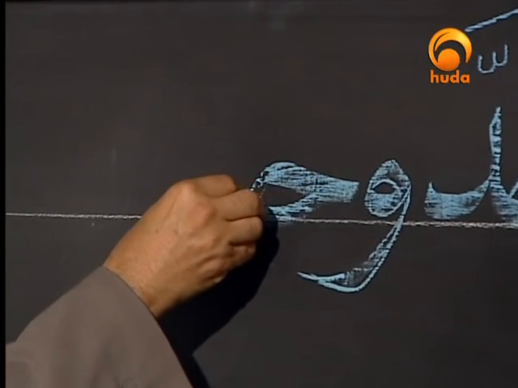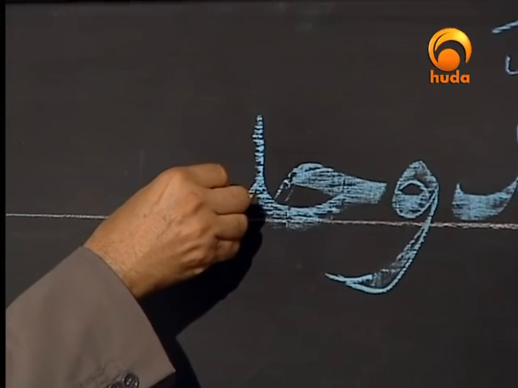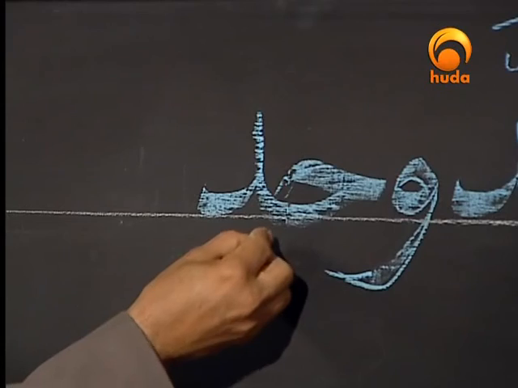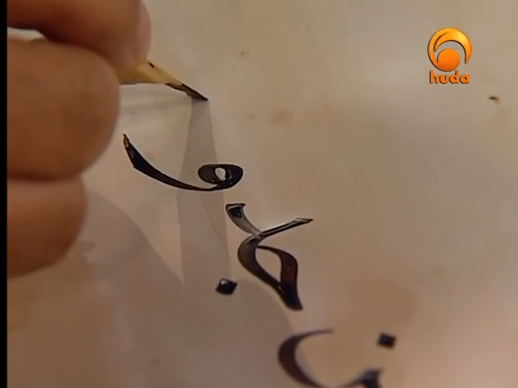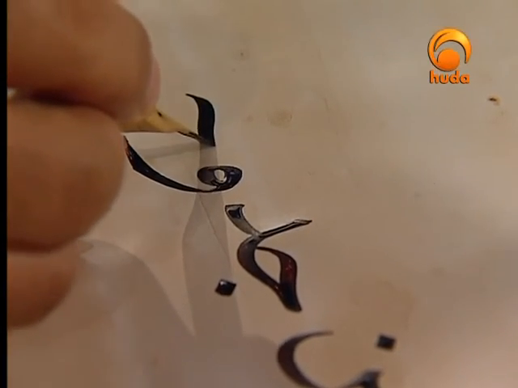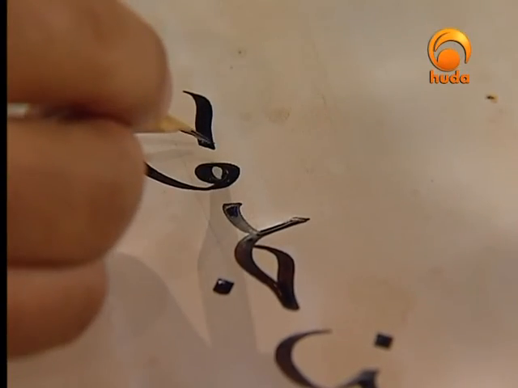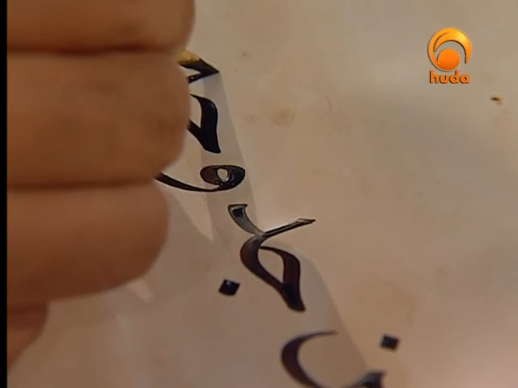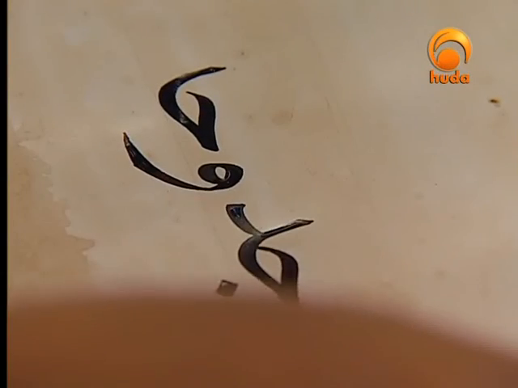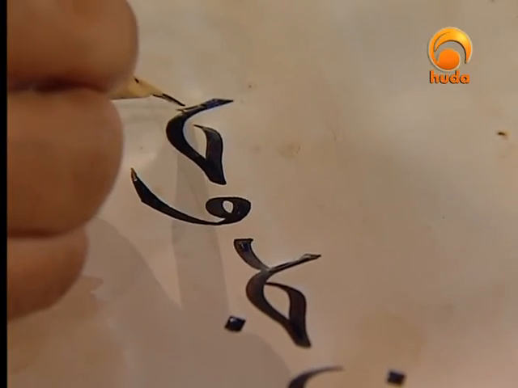Again the curve. I go up with a little curve on the left side. Dal. Dot of jim. ومن زرع حصد. Head of waw.